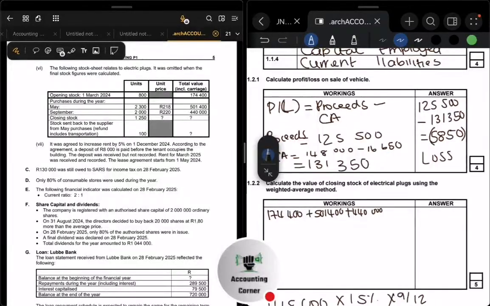Okay, let's see if there were any returns. Then we were told that stock sent back by supplier from May purchases, the refund includes transportation. So we sent back stock from May, and we're told we sent back 100 units. So we need to calculate that. So 100 times the unit price of 218, we'll be subtracting the returns.